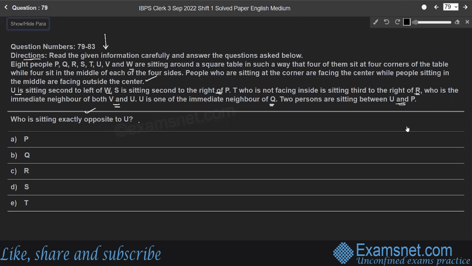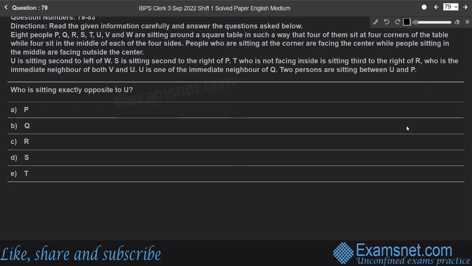So for this, let us consider a square table where 8 persons are sitting. In that, 4 are sitting at the corners. Those who are sitting at the corners are facing the center, and those who are sitting in the middle are facing outside the center.